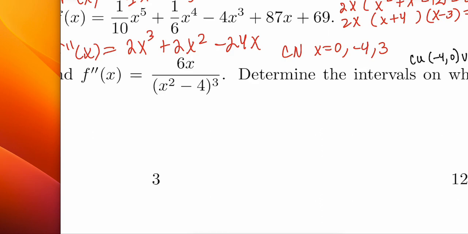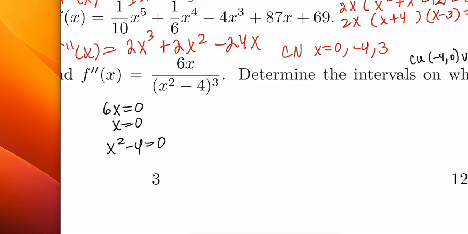So let's focus on that second derivative. They have been kind to us. They've given us the second derivative, so we can immediately jump to finding the critical numbers. There is a critical number where the top equals 0, so 0. There is a critical number where the bottom equals 0. The cube root of 0 is 0, so you don't have to include the power.